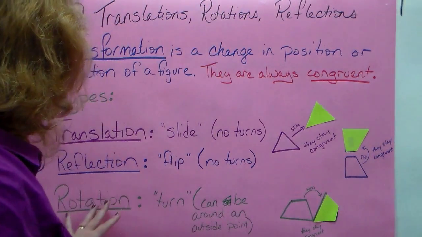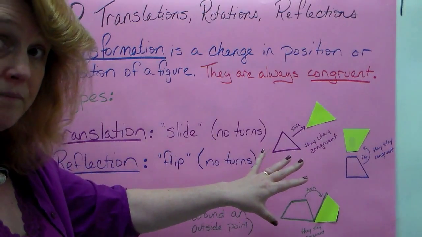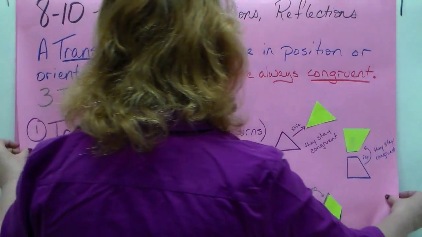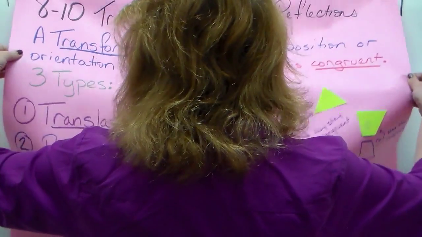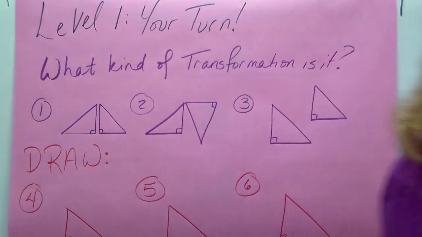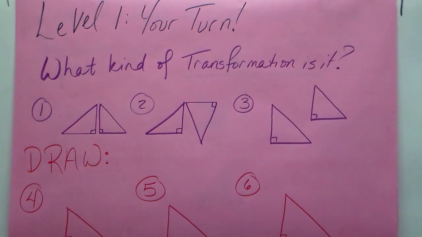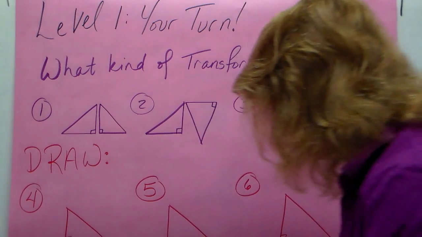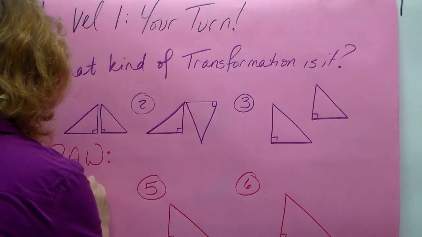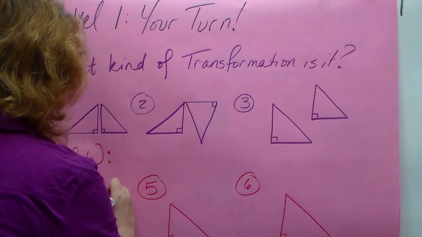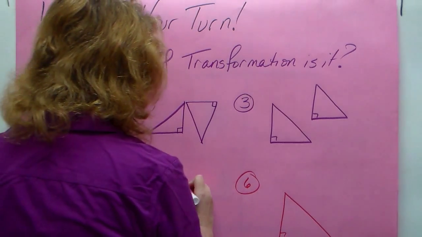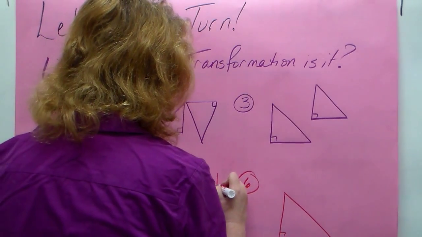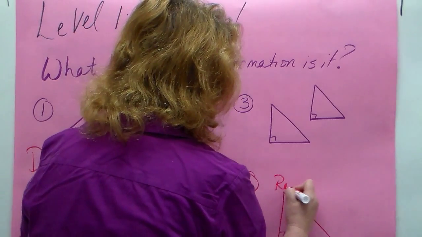So we're going to work with moving our shapes around. The first thing I need you to do is be able to recognize the difference between the 3 of them, and of course that's just vocabulary. So, your turn. And I'm not sure if you can read the bottom. This is rotation, this is translation, this is reflection.